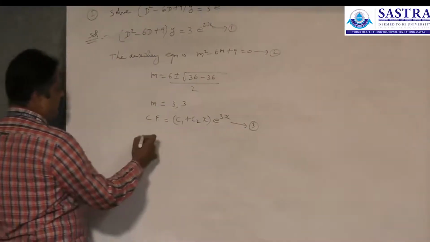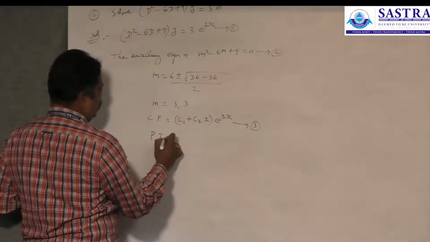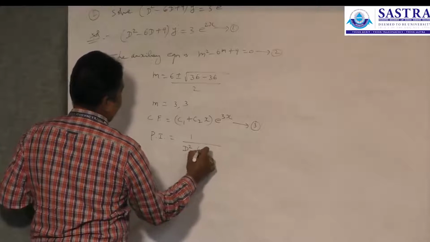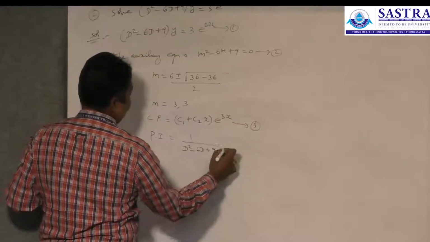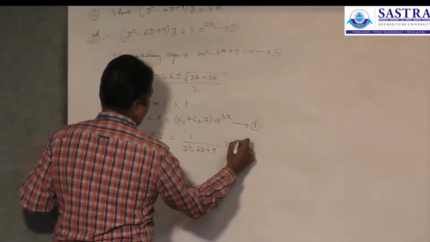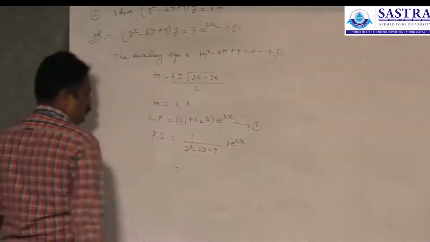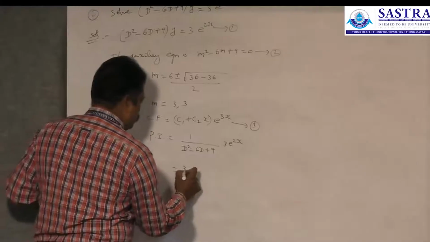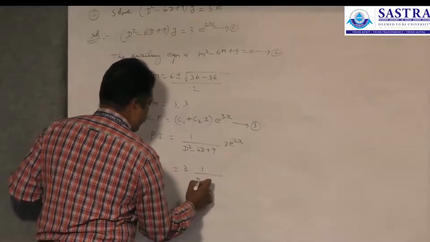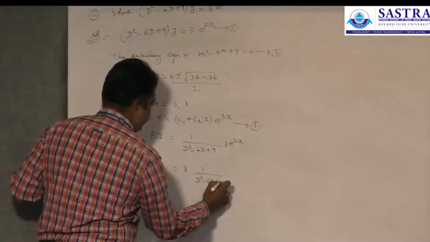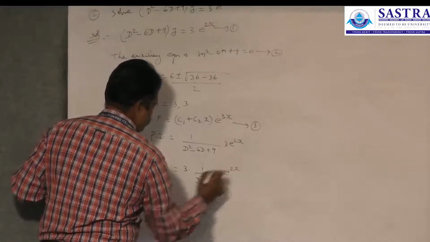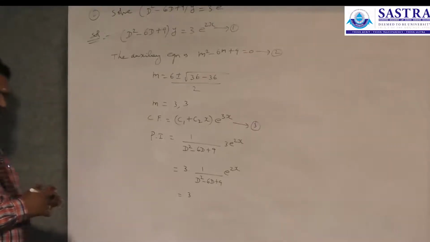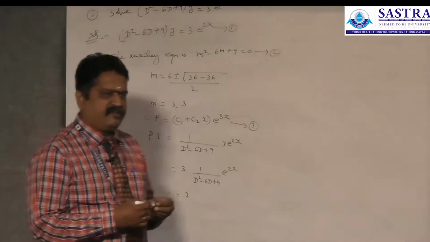Now let us find out particular integral. Particular integral is equal to 1 divided by D square minus 6D plus 9 into 3 times e to the power 2x. Since 3 is a constant, it can be taken out. 3 times 1 divided by D square minus 6D plus 9 e to the power 2x. Here the function is e power 2x, which is of the form e power ax. Here a is equal to 2.